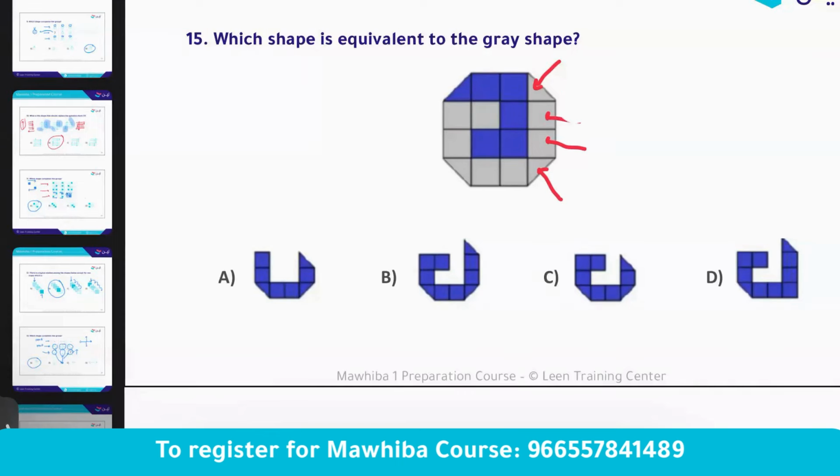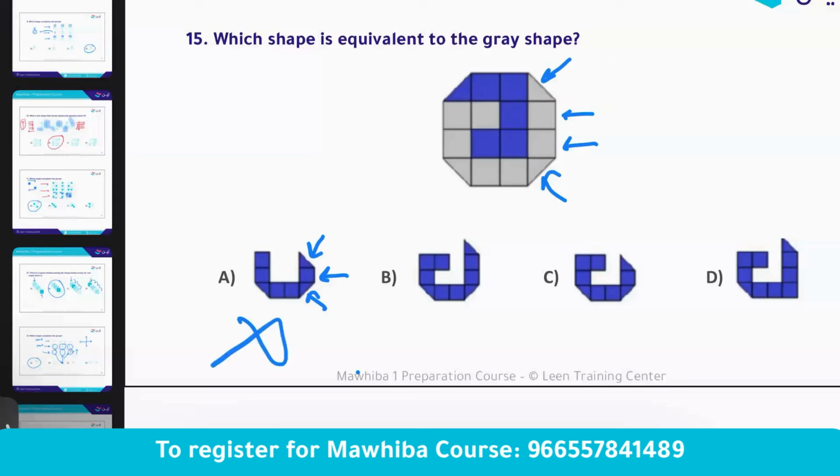I have a triangle, and I have a square, square, triangle. Does this align over here? I have a triangle. Uh-oh, I have only one square and then the triangle. This doesn't align with this shape.